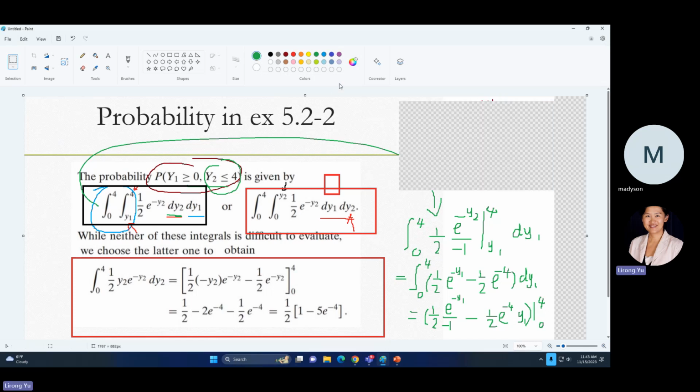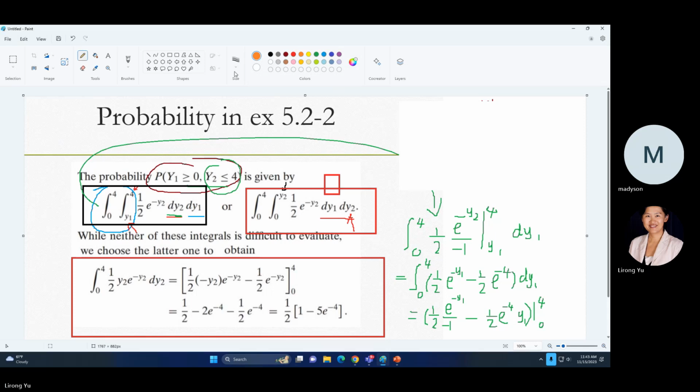So the calculation is equal to, when we plug in 4, negative 1/2 e to the negative 4 minus 1/2 times 4 times e to the negative 4. If you plug in 0, this term becomes 0. But this one is not 0, since e to the 0 equals 1, so that would be plus 1/2.